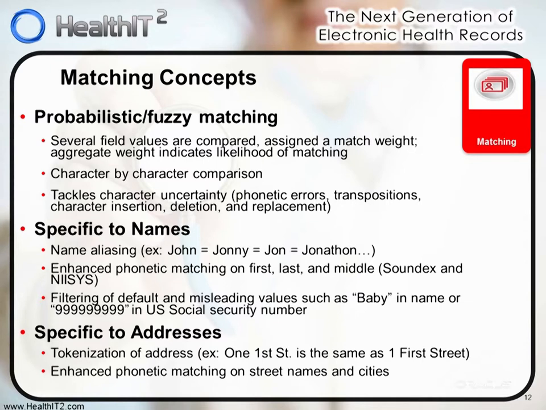And that is we look for phonetic errors, transposed digits or characters, even transposed fields. So first and last name being put into incorrect fields. And we see that one. Sometimes last names are similar to first names.